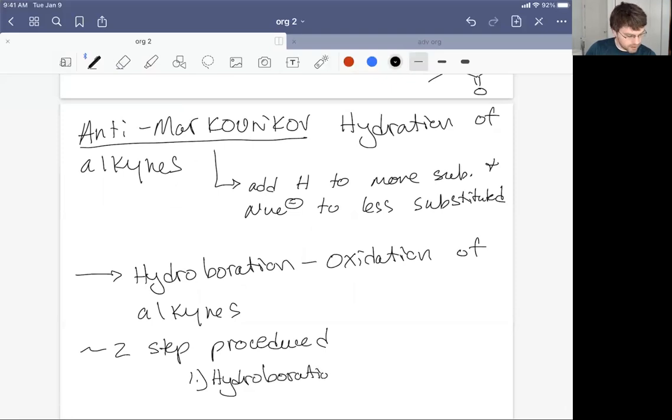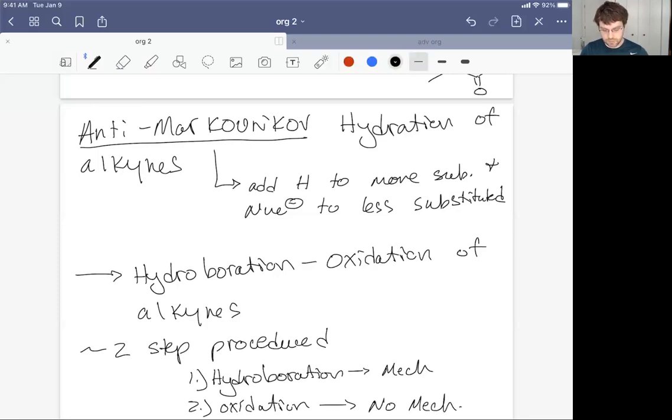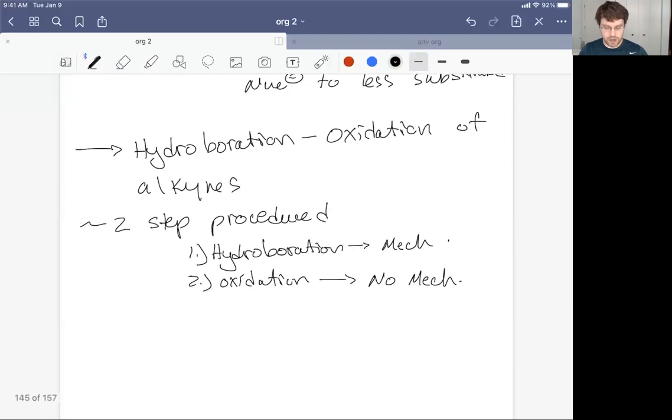I know we don't know what that is, but we've at least mentioned it at this point. So step one is hydroboration. Step two is oxidation. What I want you to know is the mechanism for hydroboration. It turns out it's very easy. It's pretty chill, but it's really helpful to understanding how this reaction actually works. For oxidation, we'll have no mechanism. So mechanism for hydroboration, no mechanism for the oxidation steps in the hydroboration oxidation sequence.